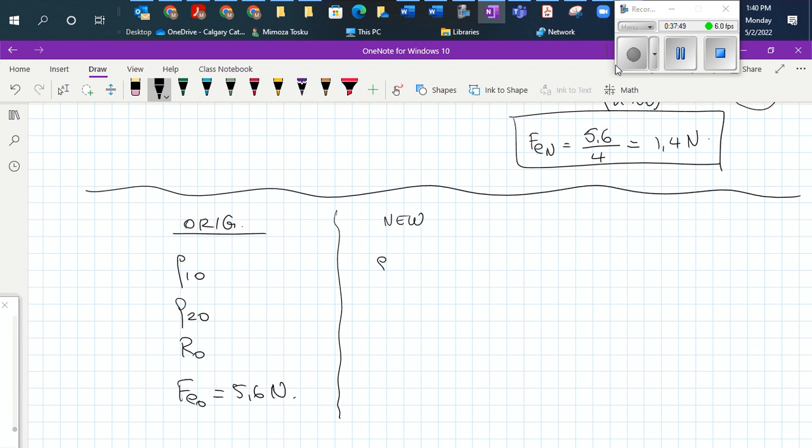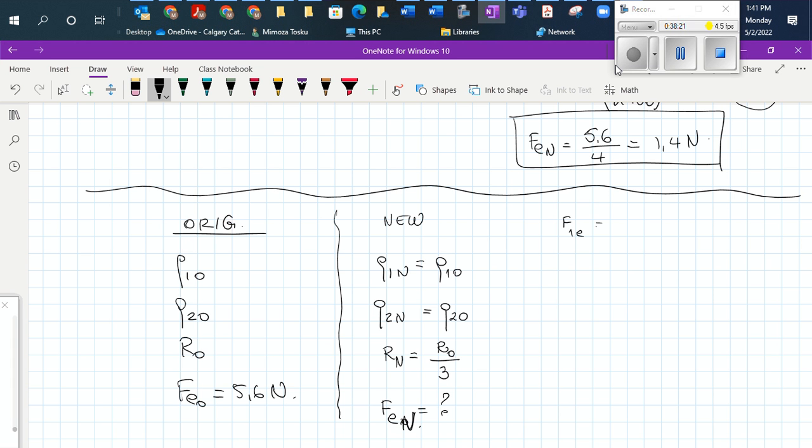As the new situation, I will keep those the same just to be focused on the most common mistake the students do. Let's say the distance is decreased by a factor of 3. So decreasing means dividing, and we are looking for the electrostatic force in the new situation. What is the magnitude of it?